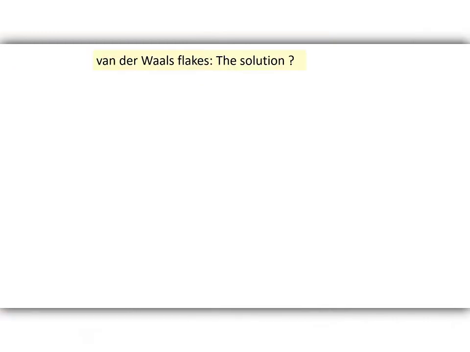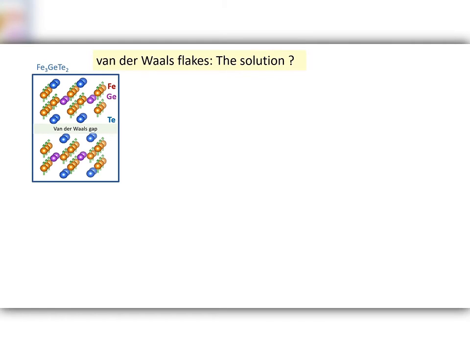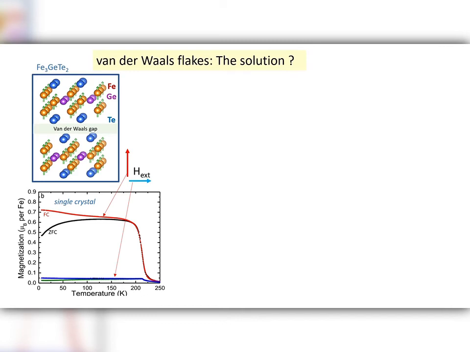Very famous at the moment are van der Waals flakes. Is this the solution? Therefore, we have looked at the fruit fly for ferromagnetic van der Waals systems, FGT, which is grown in these layered structures. And you see here for the basic crystal, the Curie temperature is about 220 Kelvin.